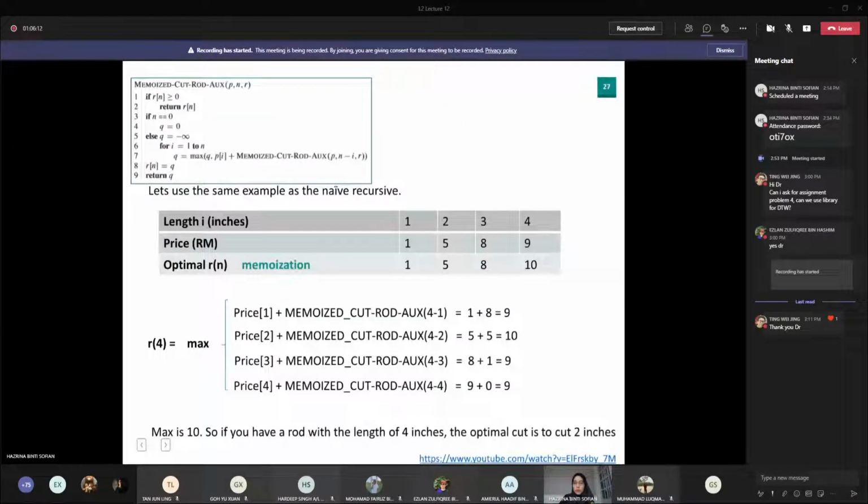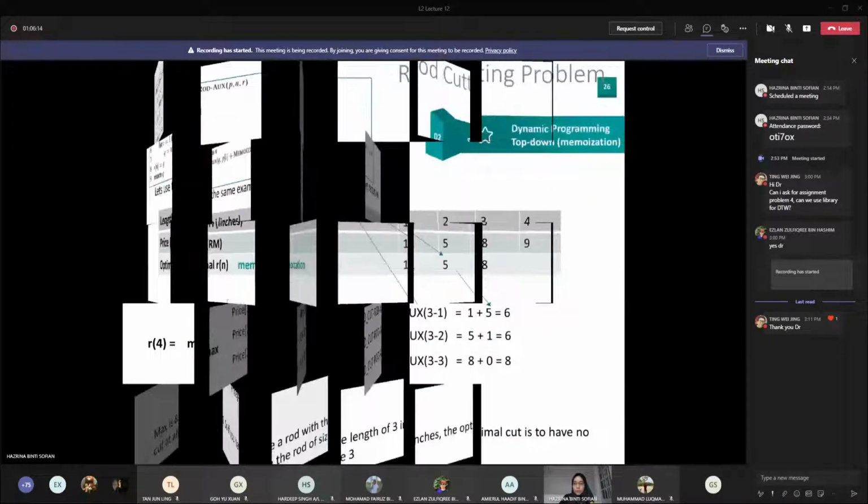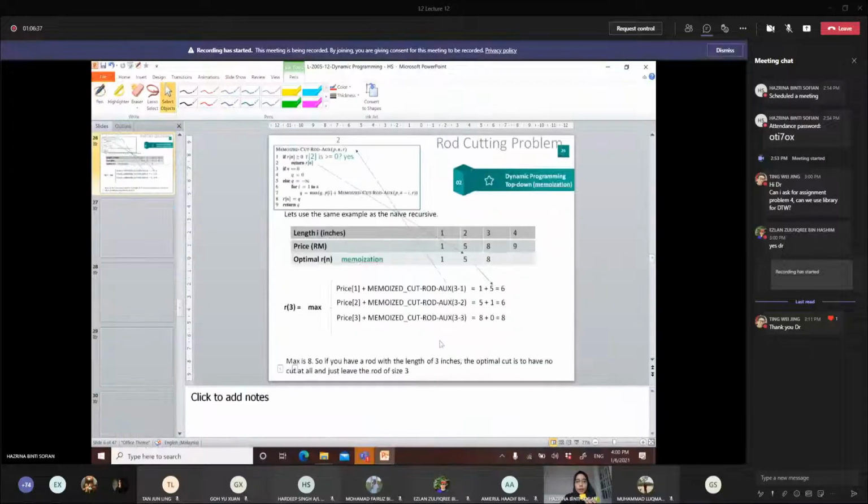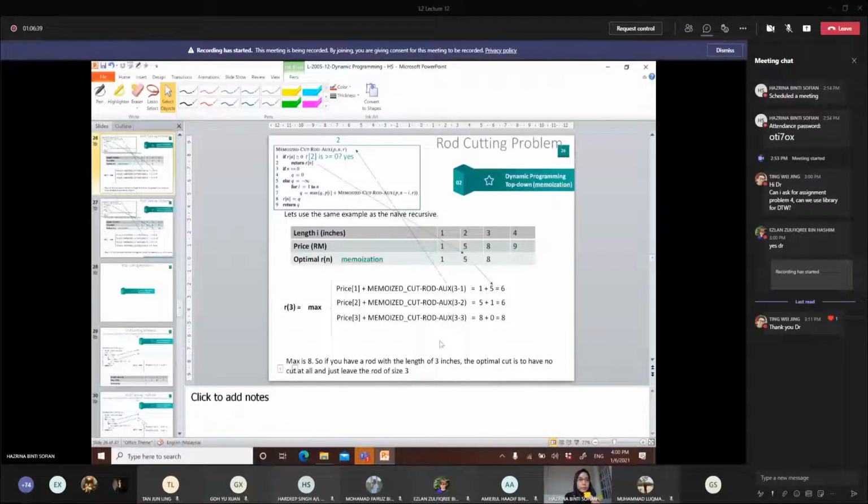Then you will do the same for the second one, which is price 2. And then we need to retrieve the memoized cut rod of 3 minus 2, which is 1. So 1 we already have, right?